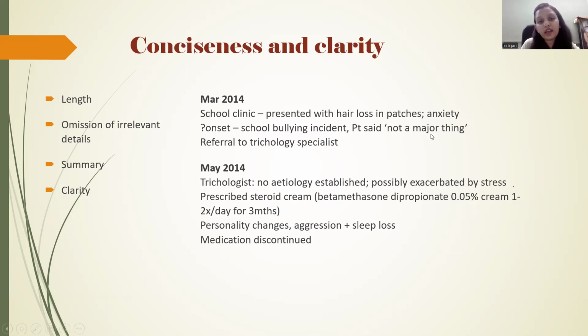Now here I have taken a small portion of a case note, and this is from the official website. Here you can see that in March 2024, the patient is 18 years old, so now we can start considering this client as an adult.